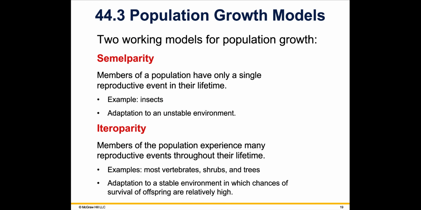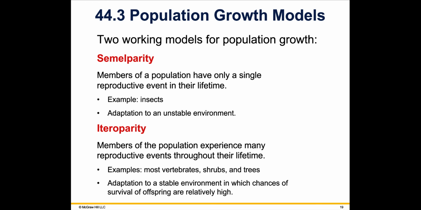That's something like insects, that's some fish, and really it's an adaptation for when the environment is not very stable, because you will just age to your maturity, you will have your babies, and then you're out of here. And you hope that you've given them the genetic code that will help them in the next phase.